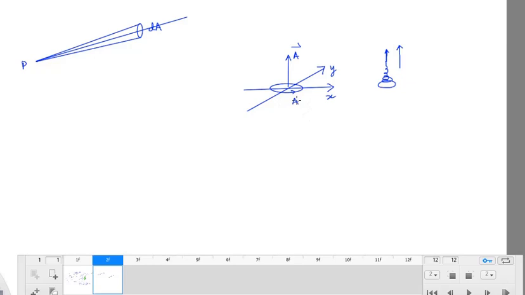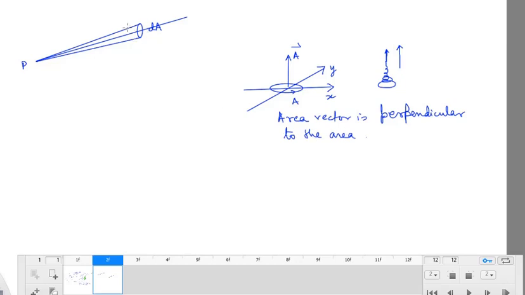So the area vector is perpendicular to the area. Okay.